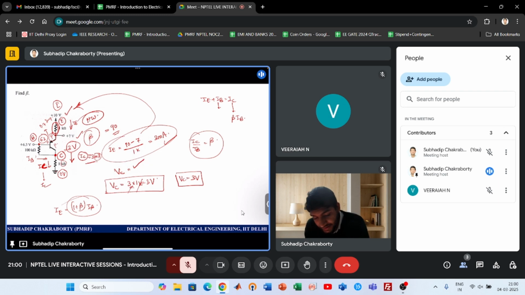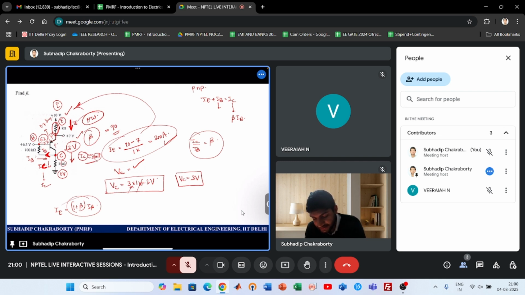Sorry, the current flow in a PNP transistor, if you see, IE is like this, but IB will be like this, because from positive to negative, right? This is base current in this direction. So what happens?